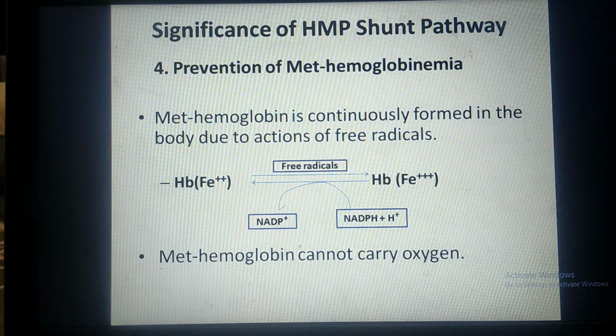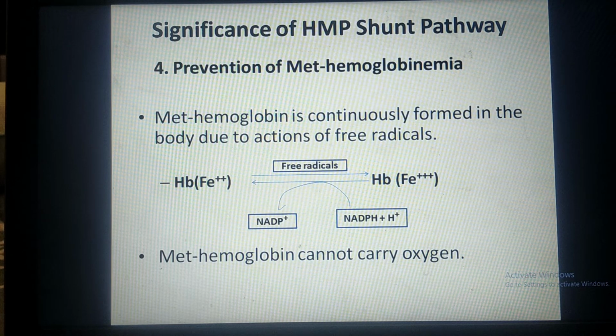Therefore, this ferric iron should be converted into ferrous form again, and an electron is required for this, which is supplied by reduced NADPH.